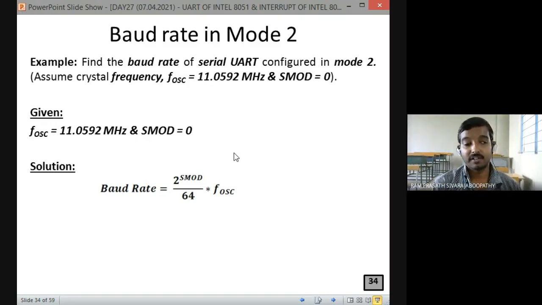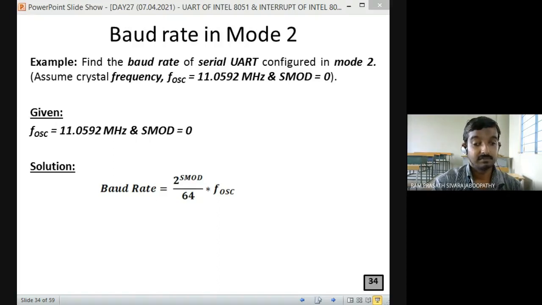So FOSC divided by 64, that is the baud rate. Kindly calculate and type it in the chat. What about the value for this?